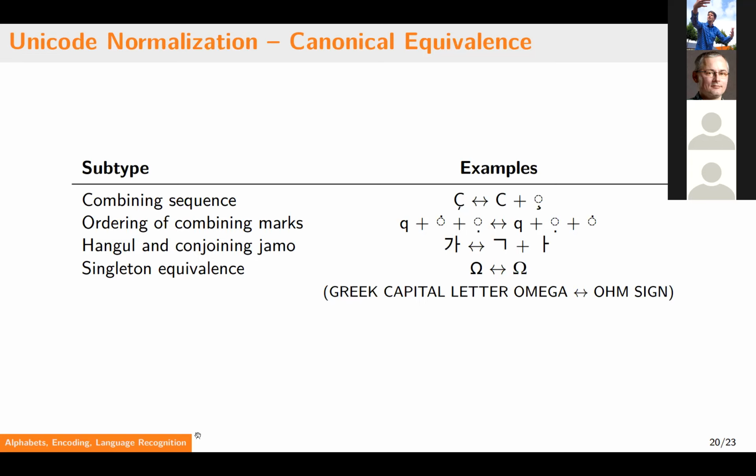So there are multiple ways of encoding the same thing, and this is dangerous, especially if you use the text data to train a model in machine learning. You need to make sure that the same thing is always encoded the same way.